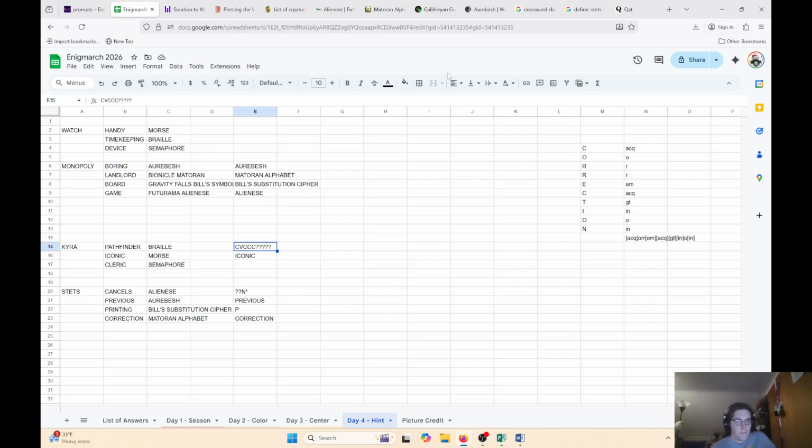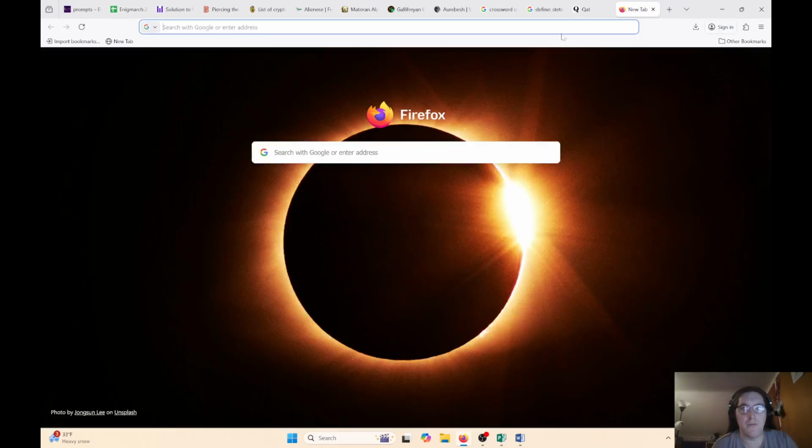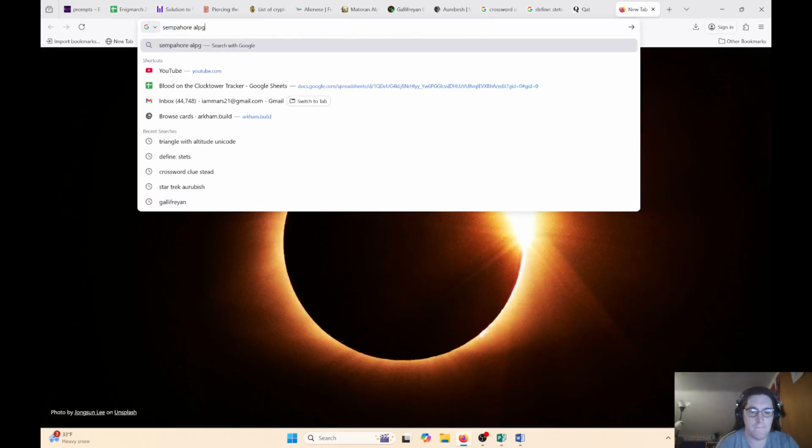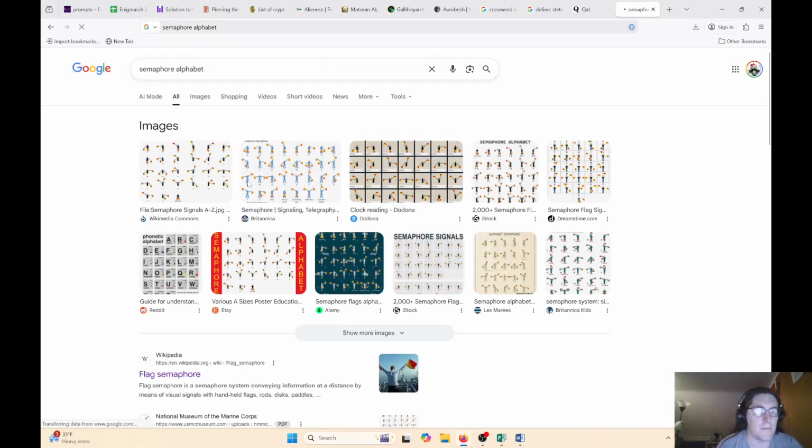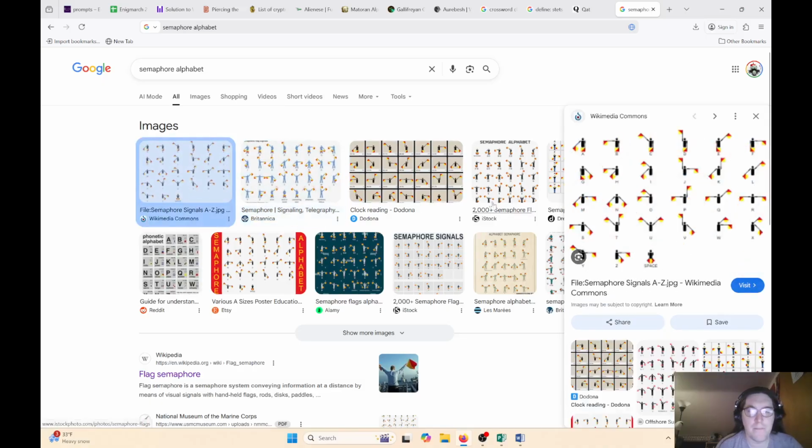How about... oh, we can make them do rotating for semaphore as well. So I'll just do it on here. It's fine. Semaphore. Thank you. Okay. So C is this.